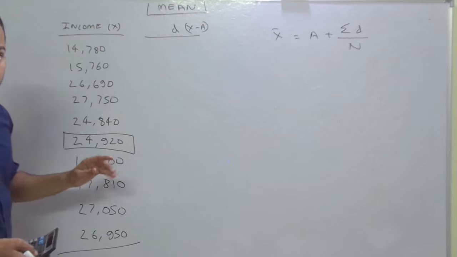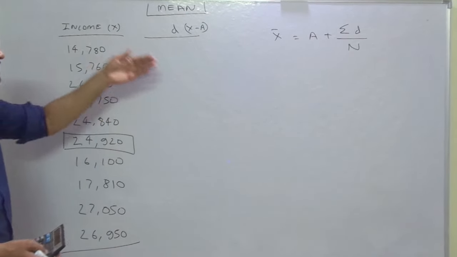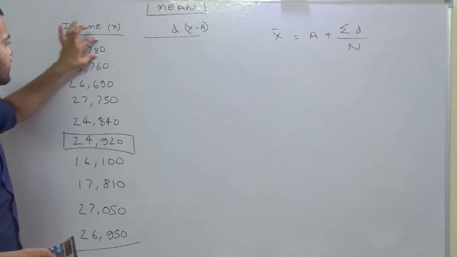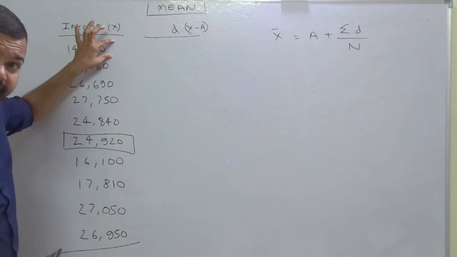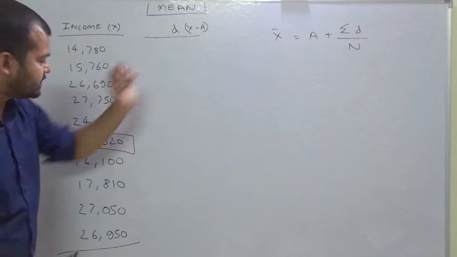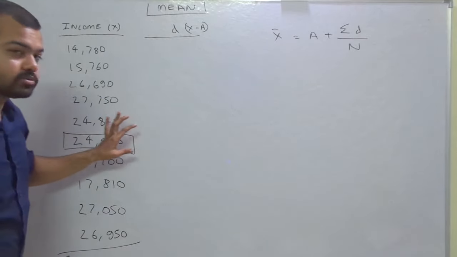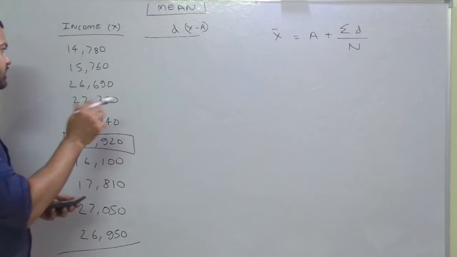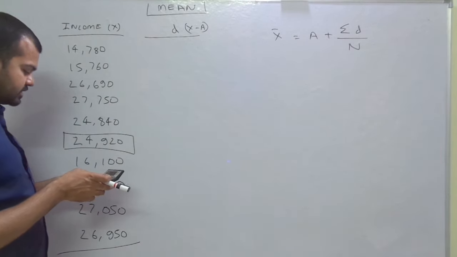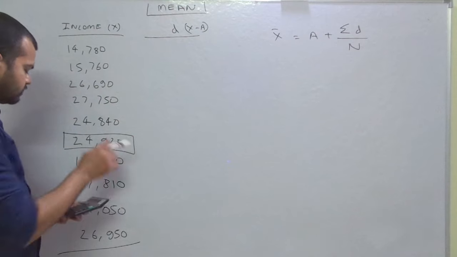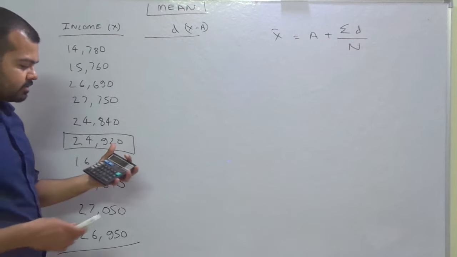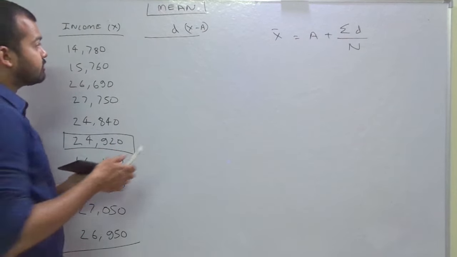For this question we are assuming a as 24,920. Now you have to calculate all these deviations. Deviation means x minus a. For the first figure, x is 14,780 and your a, the assumed mean, is 24920. So for the first one you type 14,780 minus 24920, which comes out as minus 10140.